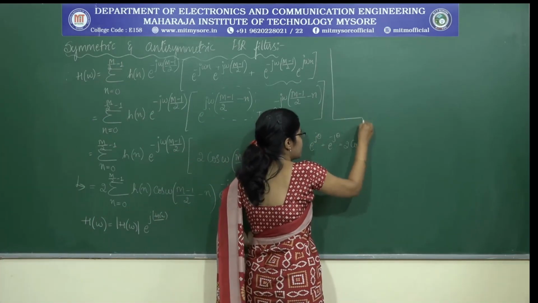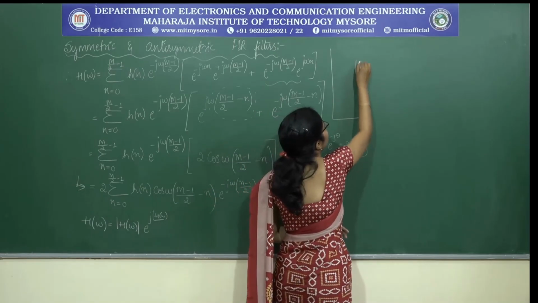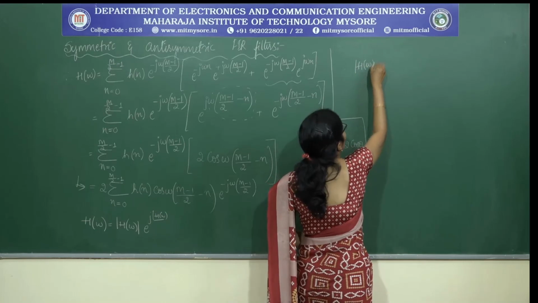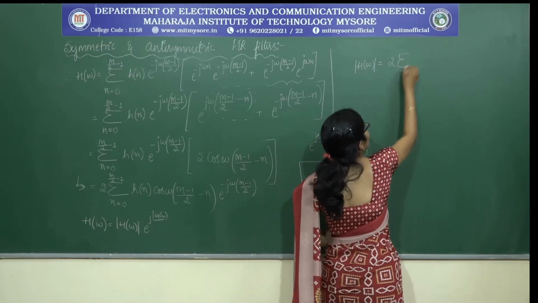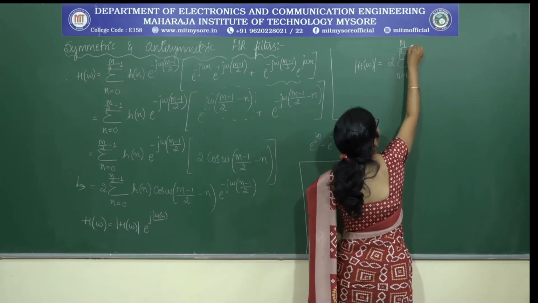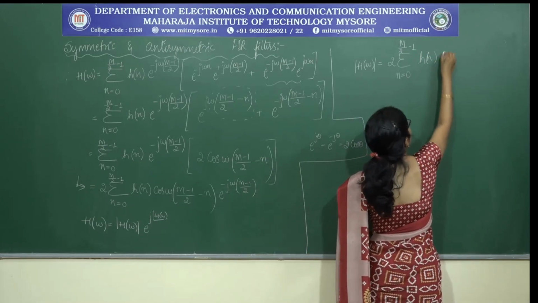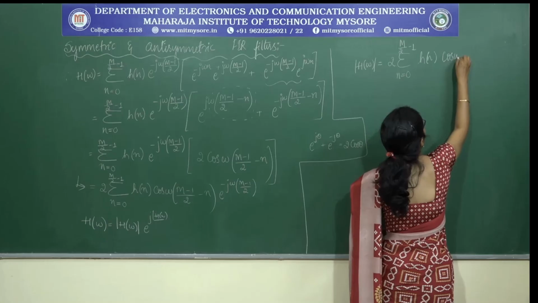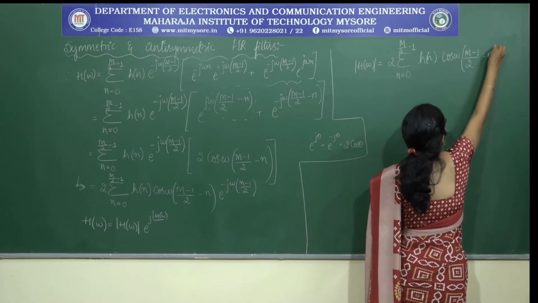Now if I look here, what are the terms for magnitude of h of omega? Therefore magnitude of h of omega will be equal to 2 into summation n ranges from 0 to m by 2 minus 1 into h of n cos omega m minus 1 by 2 minus n.